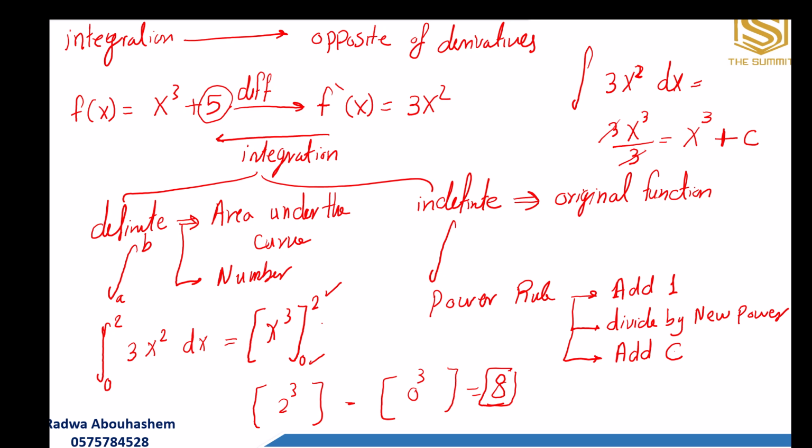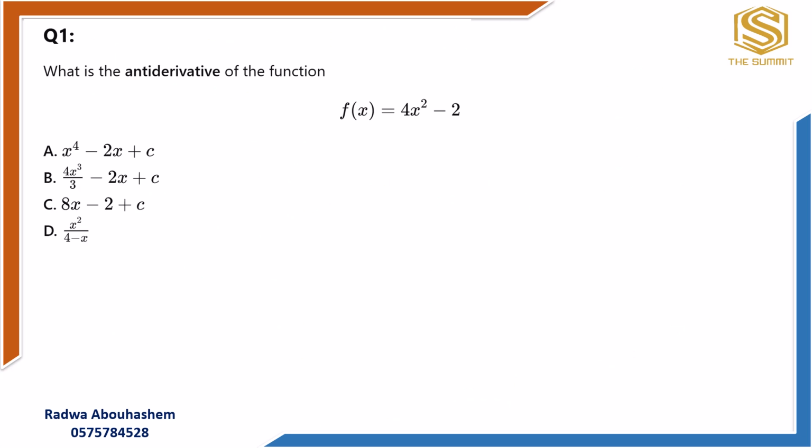So let's start solving. What is the antiderivative of the function? This means I'm going to take the integration. So add 1 to the power and divide by the new power here. So 4x power 3 divided by 3, minus 2. Now the 2 here doesn't have any x, right?